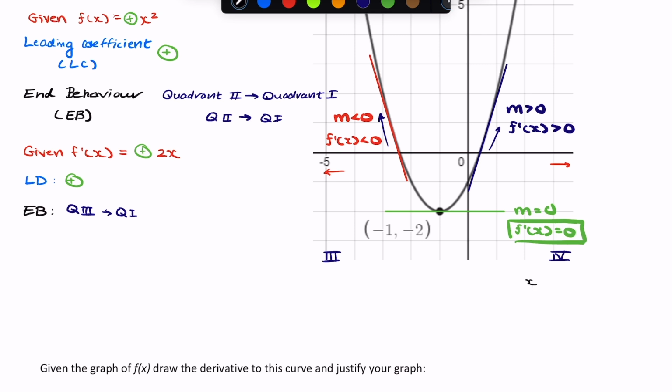If we look at the x-intercept, the x-coordinate of the minimum, of the vertex, is the x-intercept of the derivative function.